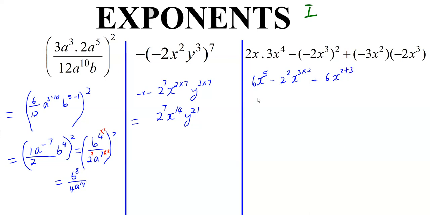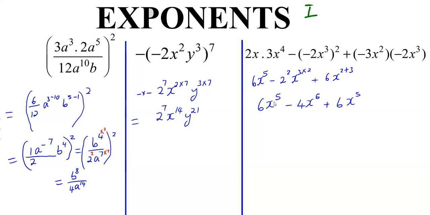Now what we are going to have here is 6x^5, then minus 4x^6, sorry, then plus 6x^5. So here now is 6x^5.